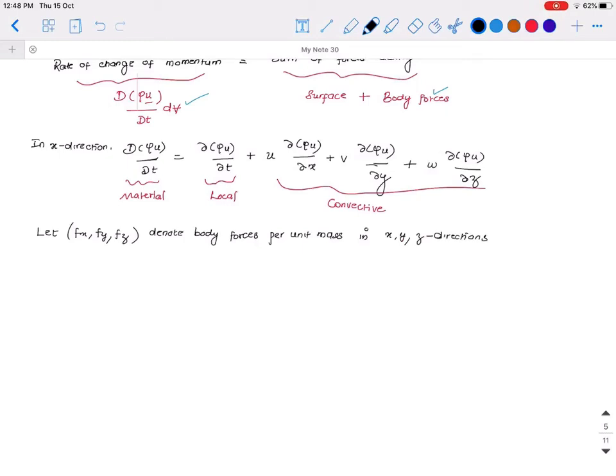Okay, so for example the body force in x direction can be written as fx, which is the force per unit mass, times the mass of the element, which is rho times dv. Okay, so now we see how to handle body forces, but surface forces here require some careful consideration of infinitesimal elements.